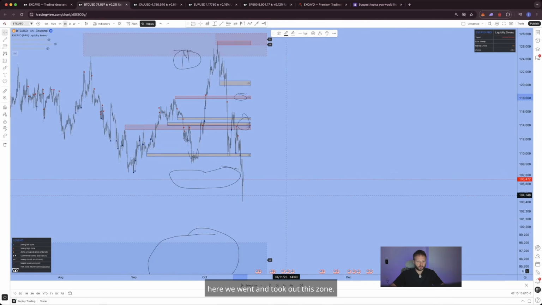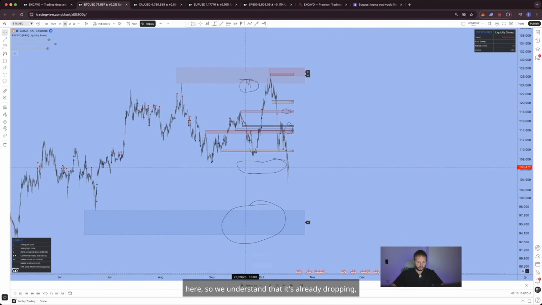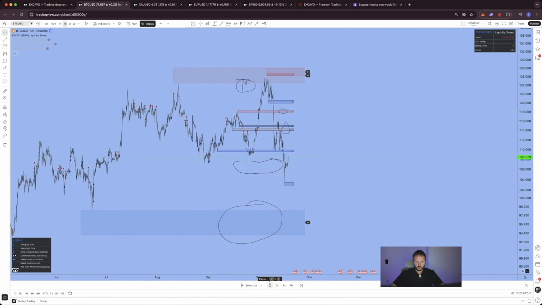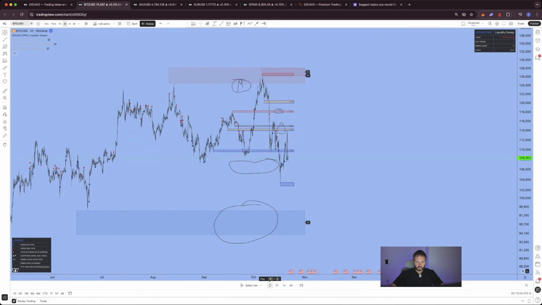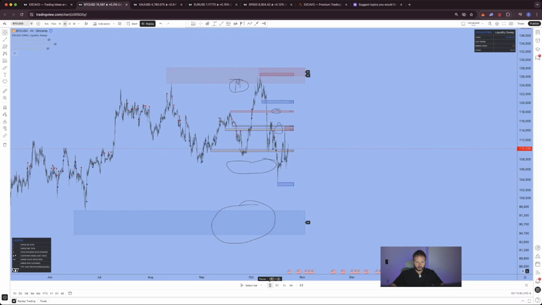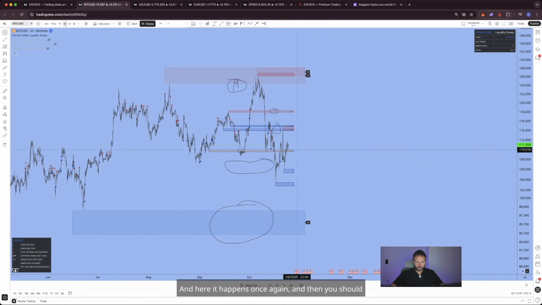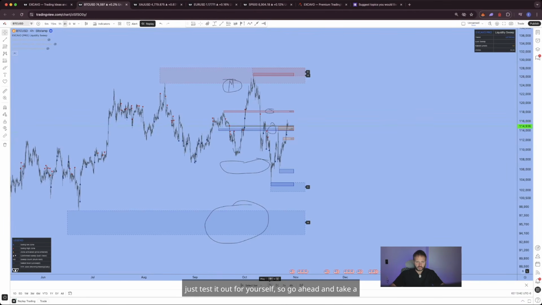Here we went and took out this zone. And as you can see, we're going to hunt for this one here, so we understand that it's already dropping, already falling down. We have seen this movement, and that is exactly why. And here it happens once again. And then you should just test it out for yourself. So go ahead and take a good look at it.